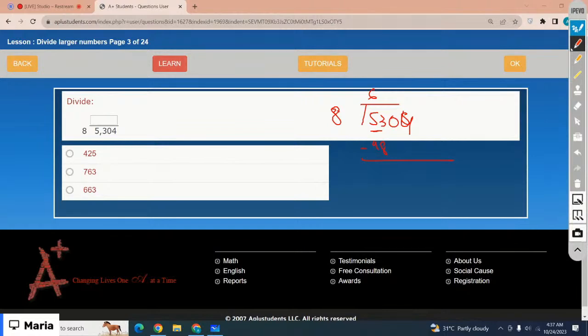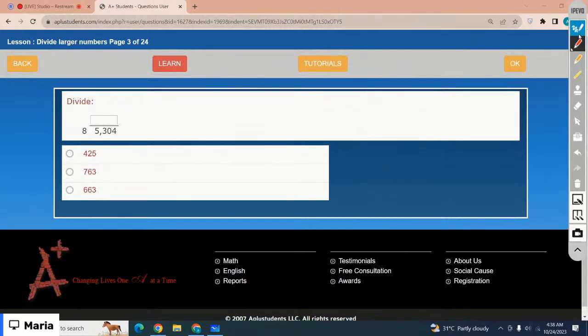So here you have 5. Now bring the next digit down. So 8 times what number is 50? 8 times 6 is 48 again, right? Now bring the 4 down. So 8 times 3 is 24. So the correct option is 663, right?